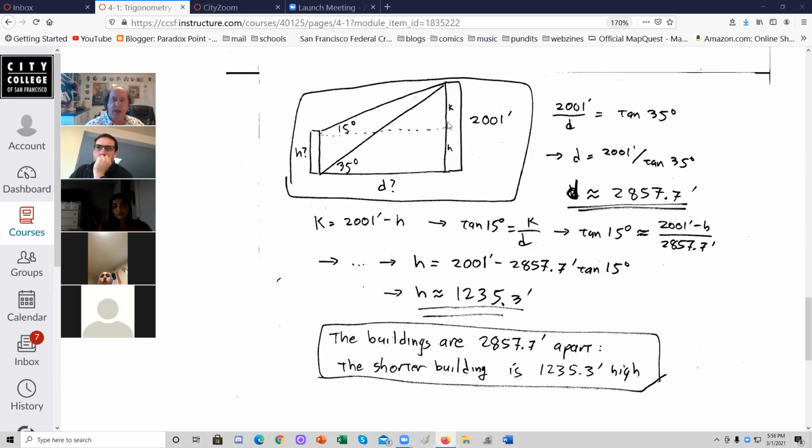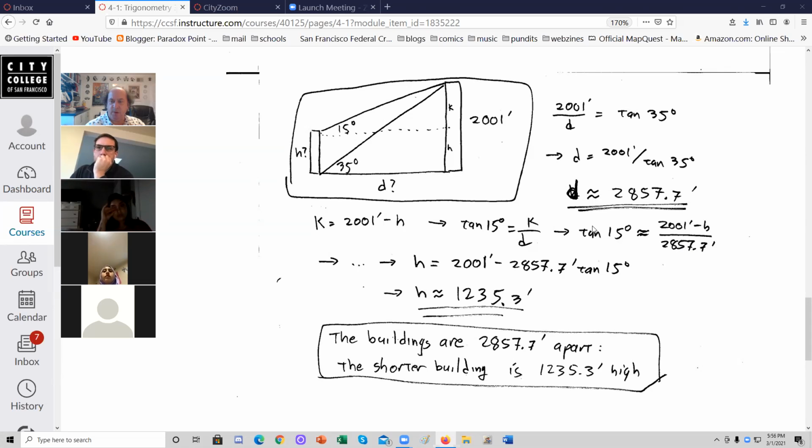Now, this distance k is 2,001 feet minus h. And if you look at this triangle here, k over d is tangent 15 degrees. And therefore, tangent of 15 degrees is 2,001 minus h over d, which you already got, is 2857.7.